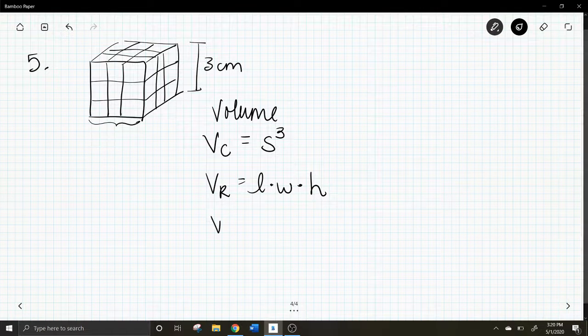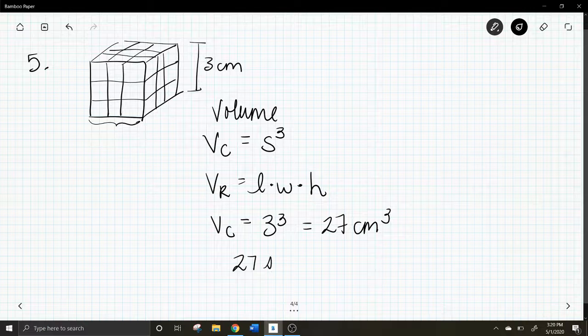So we would say the volume of this cube, or the amount of sugar cubes needed, would be the length of the side cubed. So what is 3 times 3 times 3? It's 27. So the volume is 27 cubic centimeters, which means you need 27 sugar cubes to make it.